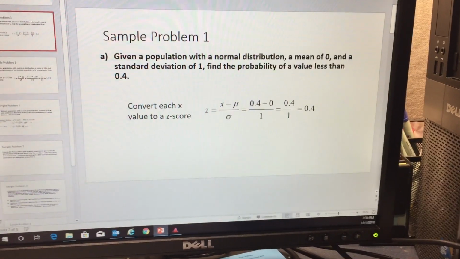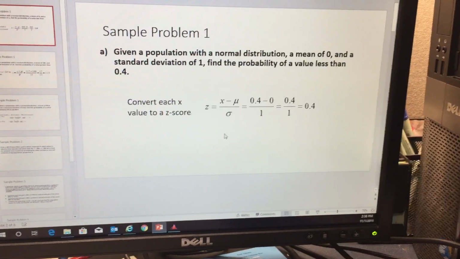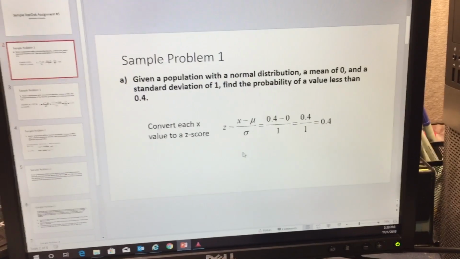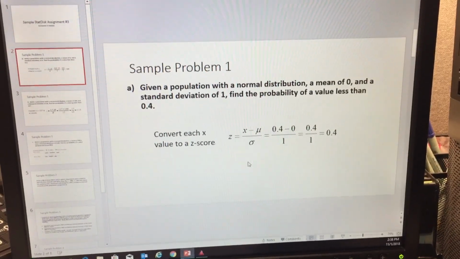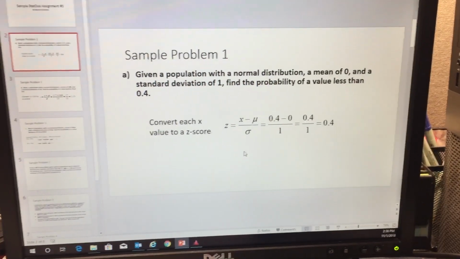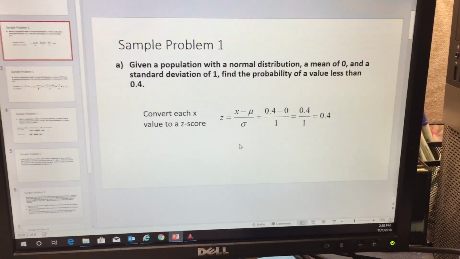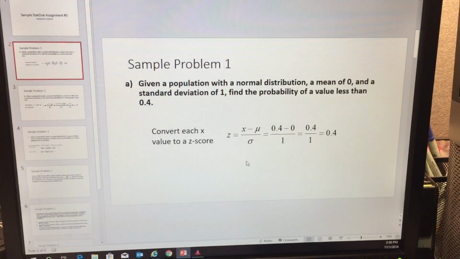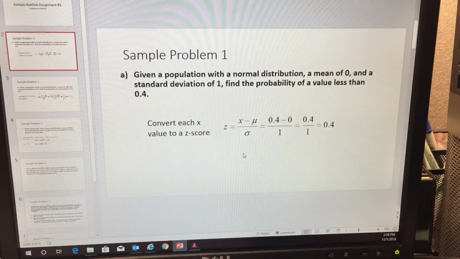So you're going to be converting it to a z-score using z is equal to x minus mu divided by sigma. And in this case here, we substitute the x with 0.4, your mu, which is your mean, of 0, standard deviation of 1. That's your sigma.